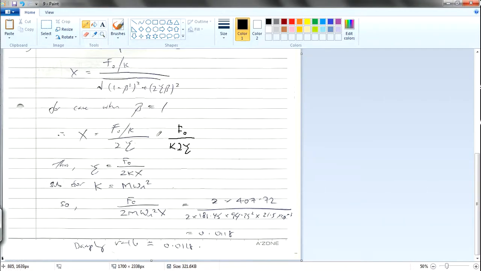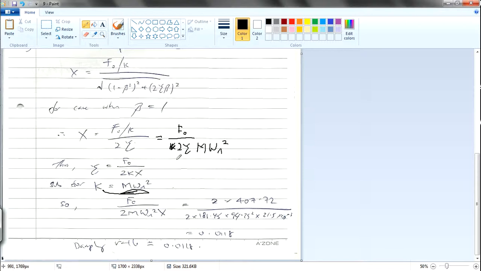You can rewrite this F naught over k by this one. You just bring this k downwards. This k is actually M omega n squared.